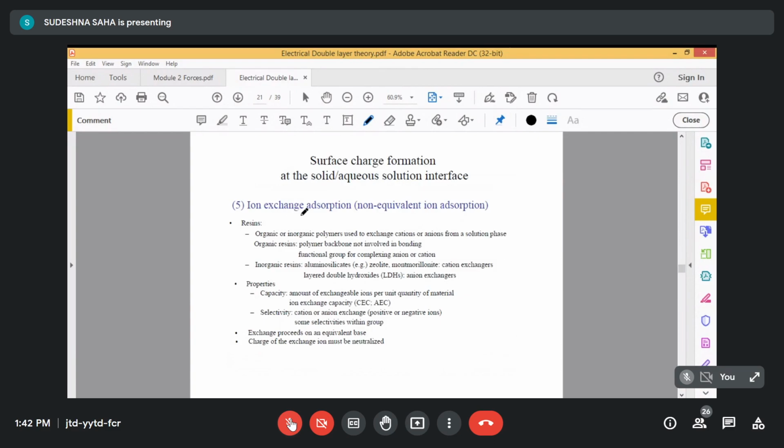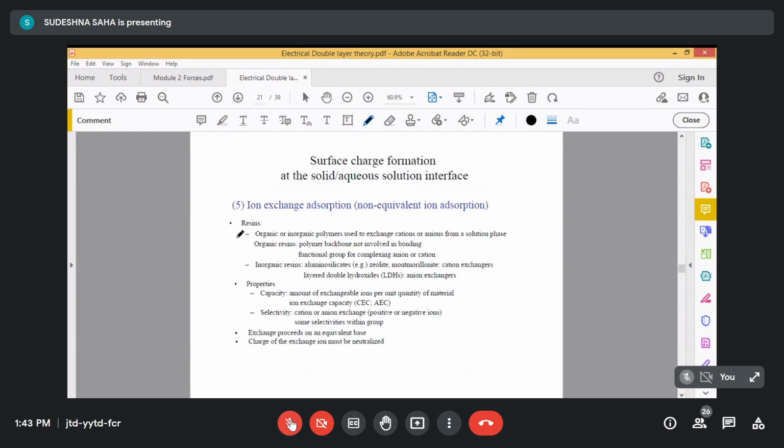Then there could be ion exchange adsorption. For the ion exchange, all of you know, I'm not going into the details of it because these are only for the chemical engineering students that I have written. Suppose you do have resins, what is happening in ion exchange is there will be only the exchange of either cations or anions from the resin to the water, so that you can soften the hard waters by using certain kinds of resins.